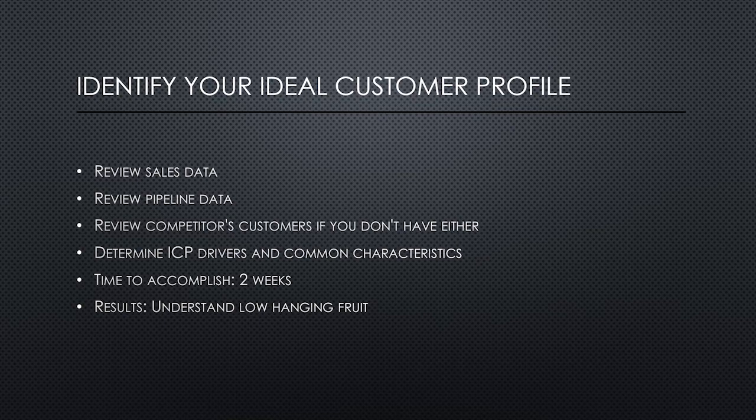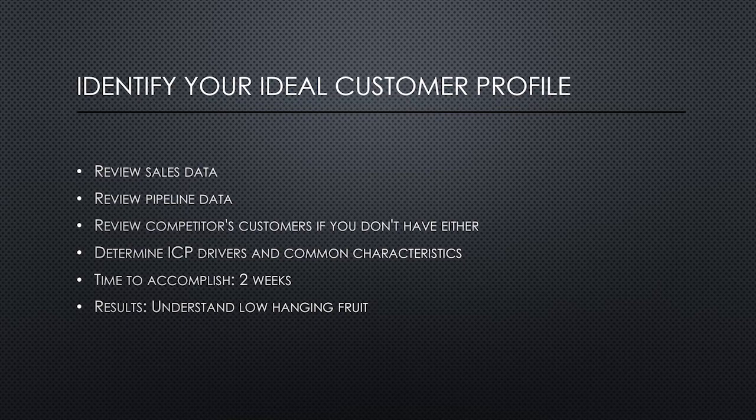When you've identified the list and you've grouped your customers, reach out to them and ask, why did you buy our product? What do you like most about it? What can we do to improve? Where do you get your information? How do you make decisions? What's your budget and decision-making authority? Who do you trust and what do you read?